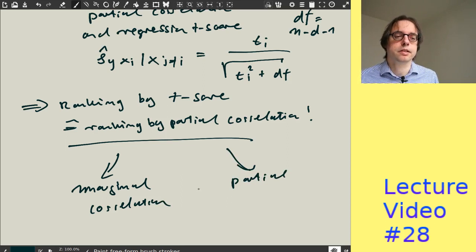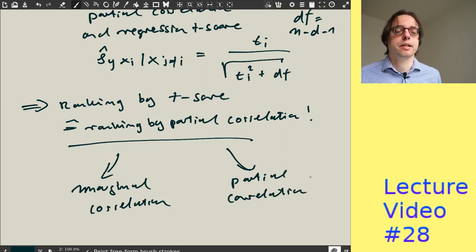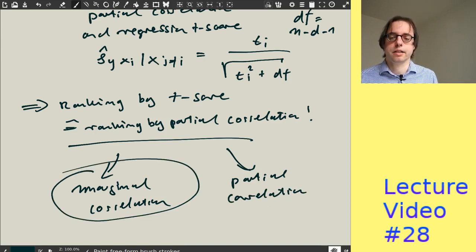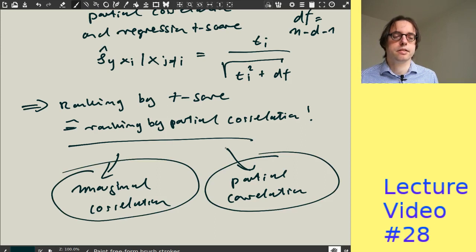The marginal correlation will give you insight into which predictor allows you to fit the actual data, whereas the partial correlation will allow you to test whether a predictor is 0 or not. So these are the two main things that you will normally use in linear models.